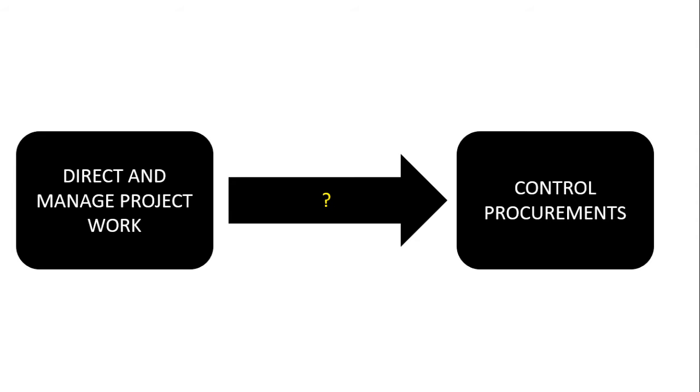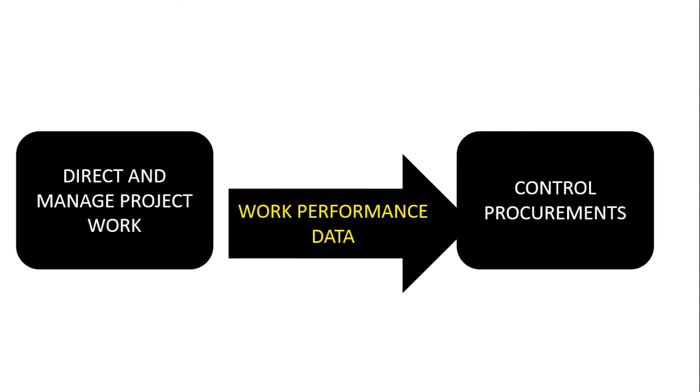Okay, 5, 4, 3, 2, and 1. All right, the answer to this one, since no one wants to play, is none other than work performance data. Work performance data comes out of Direct and Manage Project Work, and it goes to all of those monitoring and controlling processes.